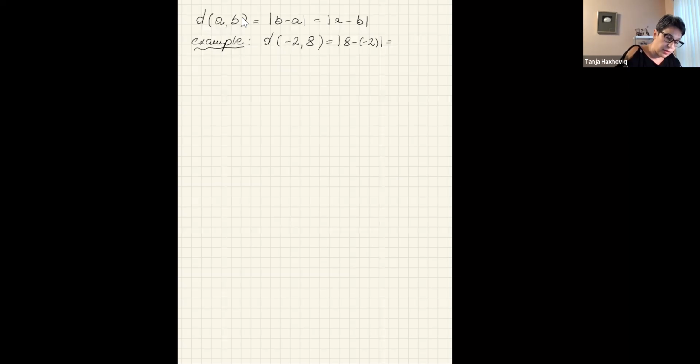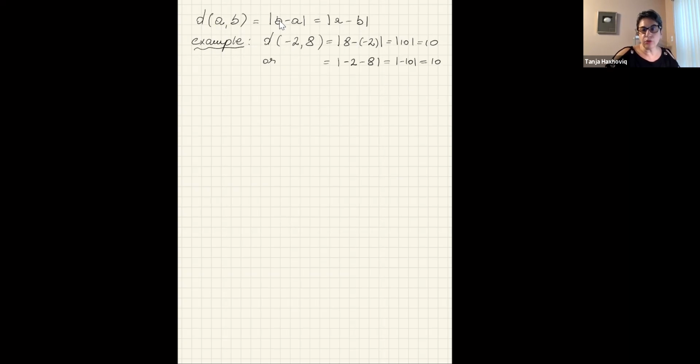And that is the same as the absolute value of 10, which is 10, or it is equal to minus 2 minus 8, which is the absolute value of minus 10, and the absolute value of minus 10, according to the definition of absolute value, is still 10.